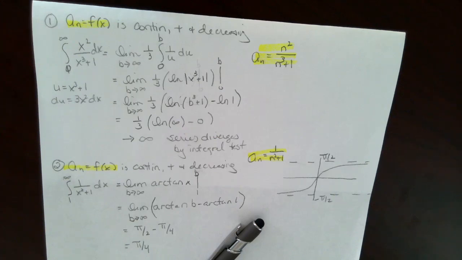So our u is just x. Is it pi over 4? Yeah, I'm thinking that's it. It was pi over 4.